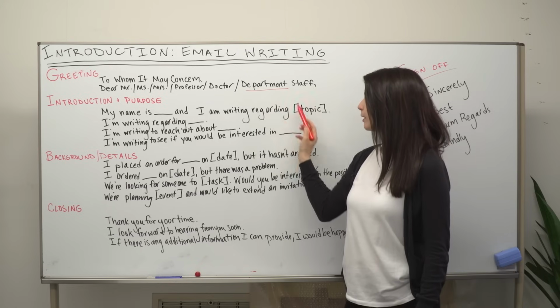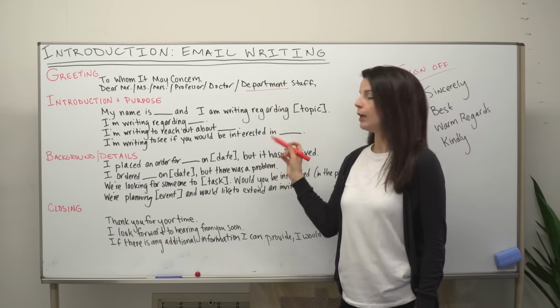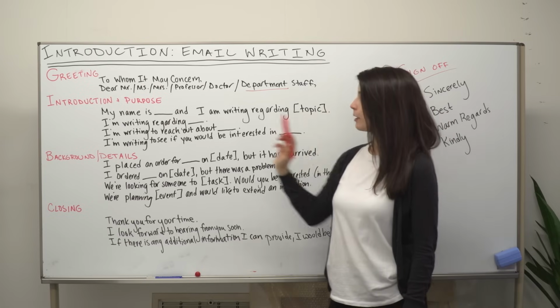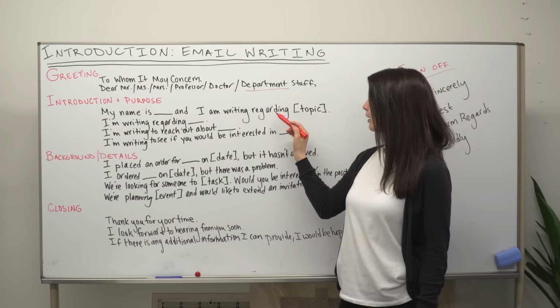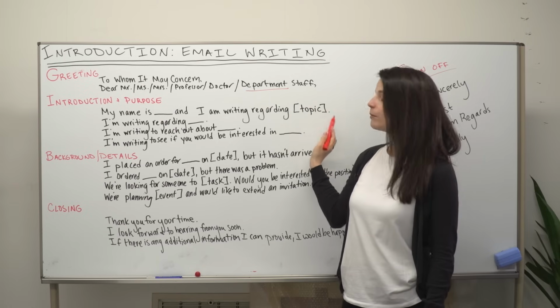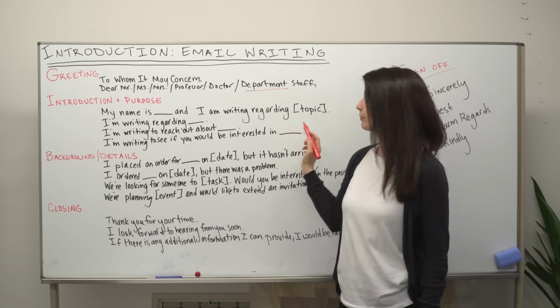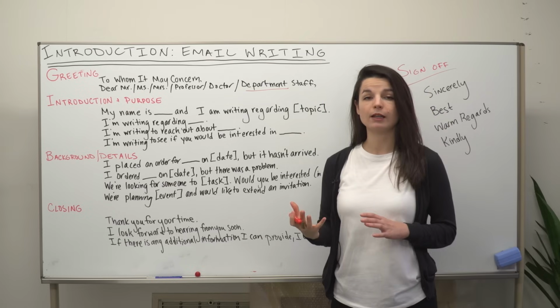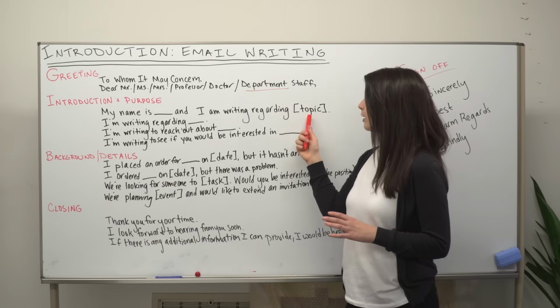So regarding means about. So you're putting this about statement before your topic. So my name is Alicia and I'm writing regarding studying English, for example. So your topic should probably be a noun phrase. So whatever it is, whatever the topic of your email inquiry is, you can put it here.